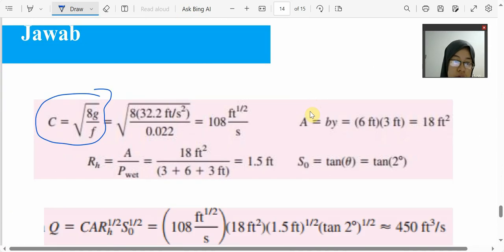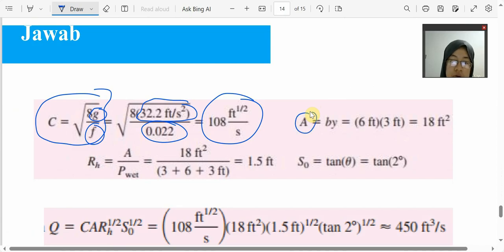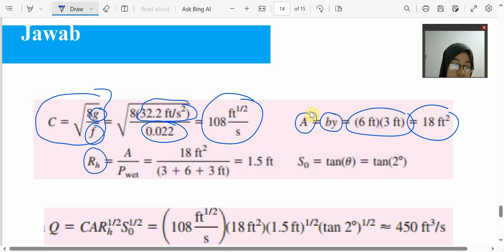So we already know the g from the text, and we know the f from the task, and we can calculate the C. And then of course we need to calculate the A, which is B times Y. And then next we calculate the hydraulic radius R, which is A over P, right?